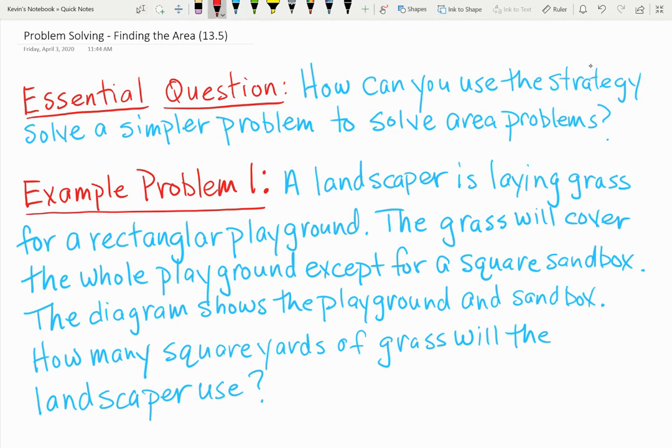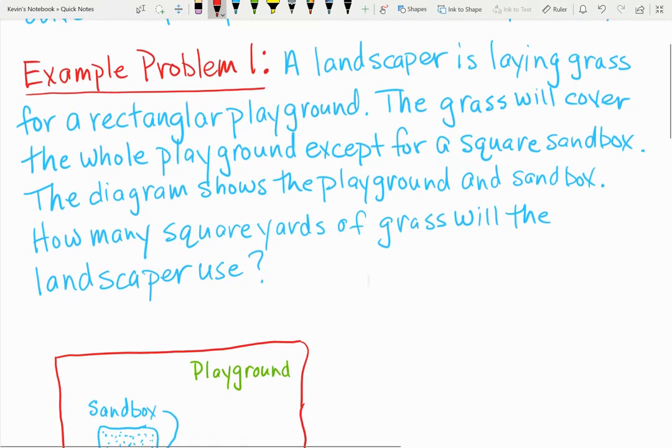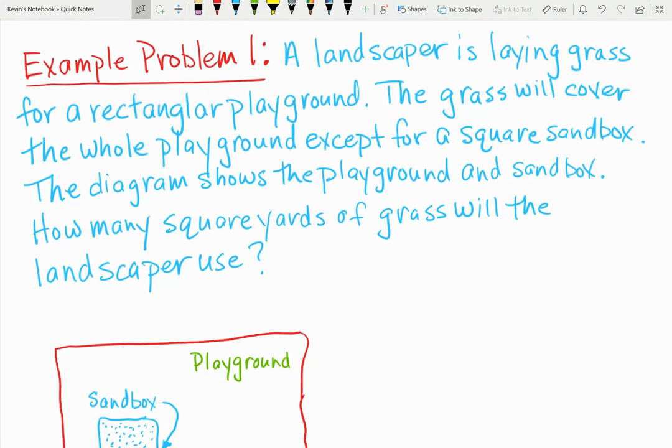How can you use the strategy solve a simpler problem to solve area problems? Now, this essential question, basically, we're going to break down and find how much of a certain thing we need to have on the surface area. Let's get specific in our example problem number 1. I'm going to read it out loud to you.